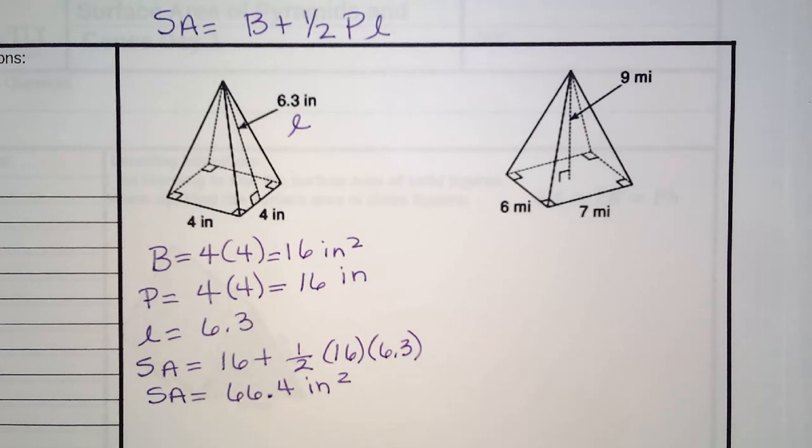Okay, looking at the next picture, what is wrong with that picture? Well, what's wrong is the fact that we do not have the slant height. We have the height of the whole pyramid. How do we find the slant height?